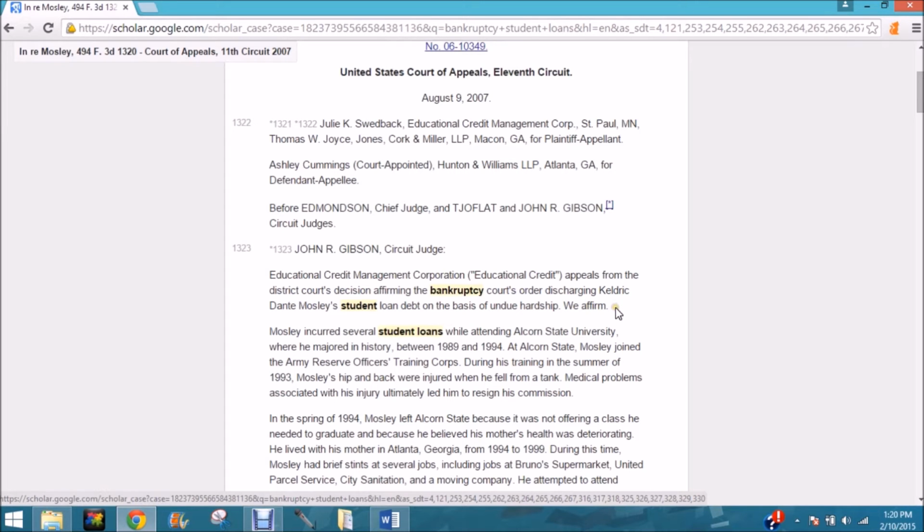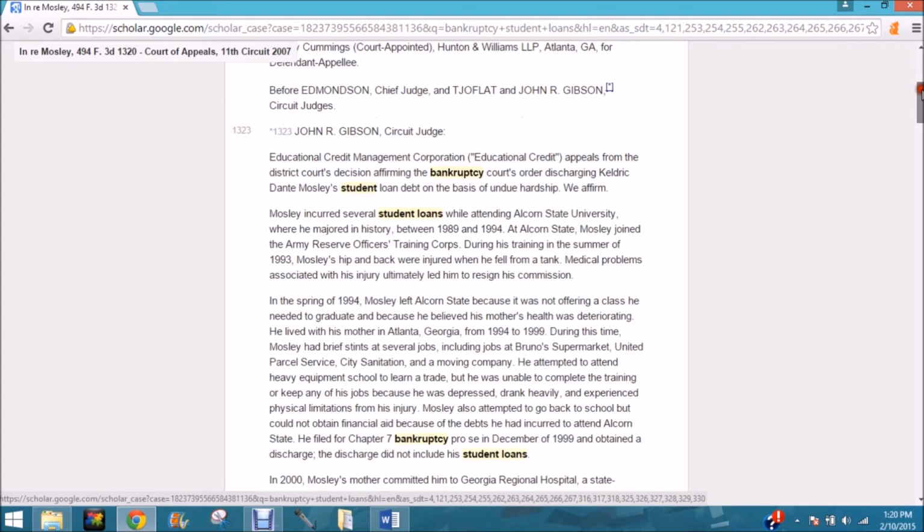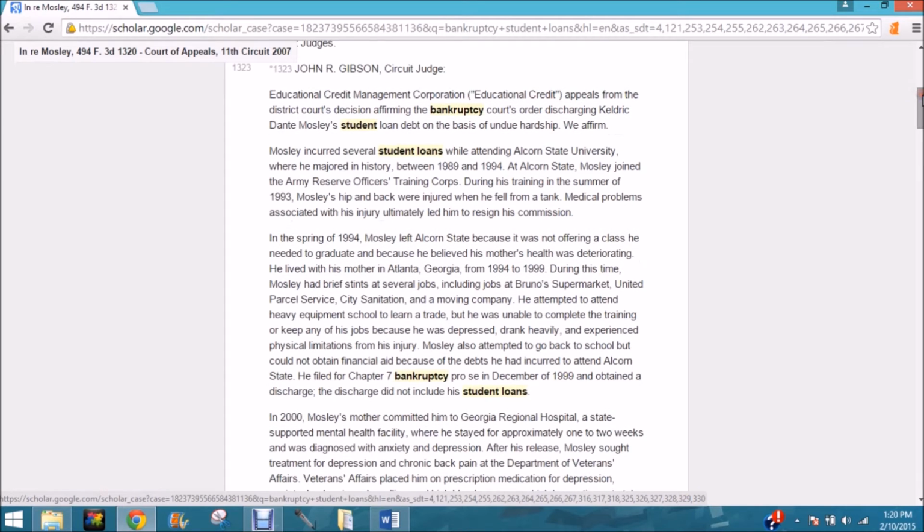So that means they're probably going to apply Brunner in a way which is beneficial to us, okay? So that's likely to be a good case.